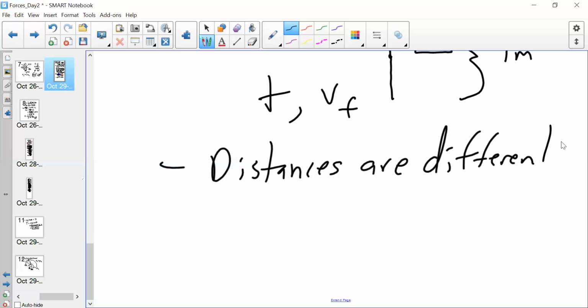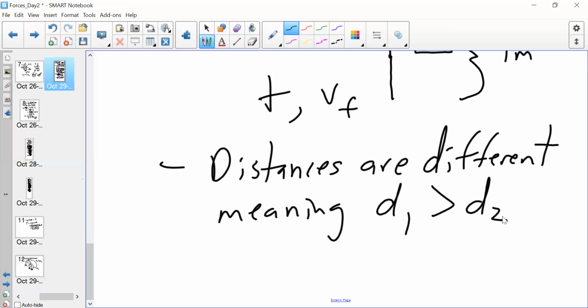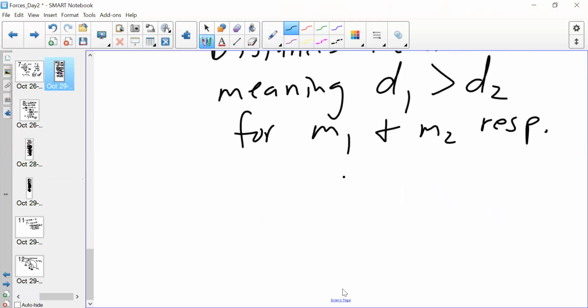Distances are different, meaning D1 is greater than D2, it's actually double for M1 and M2 respectively. So as we can see, for any given distance, 2, 200, whatever the distance is, D1 is going to be double the distance of D2.